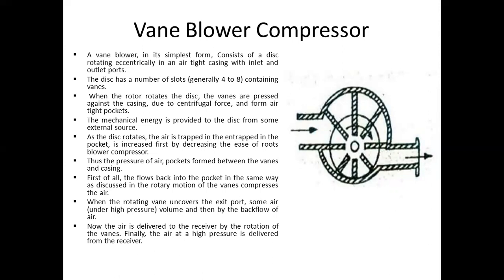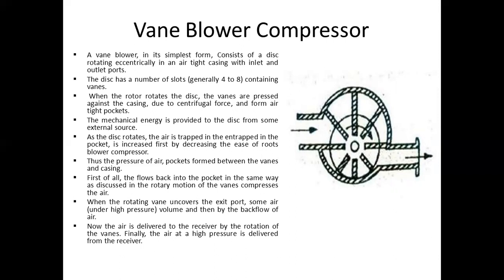As the disc rotates, the air is trapped in the pockets formed between the vanes and casing. First of all, the rotary motion of the vanes compresses the air. When the rotating vane uncovers the exit port, some air under high pressure flows back into the pocket in the same way as we discussed in the Roots blower compressor.